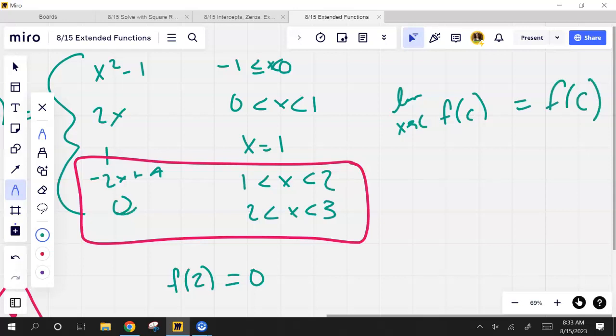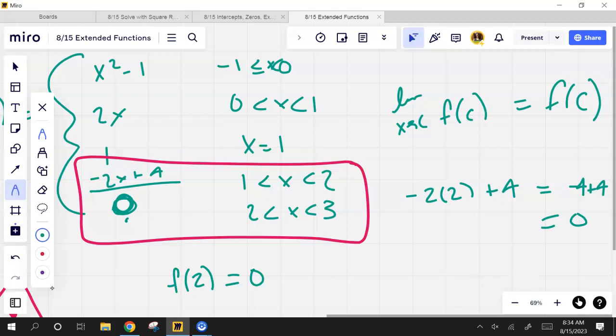So from here, this is always going to be 0. So I need to know if I plug in 2 in this equation. So if I plug in 2 here, I'm going to get 0, right? If I plug in 2 here, am I going to get 0? Yes, so I don't even have to do anything else. I'd get 0 both ways, so I need it to be 0.